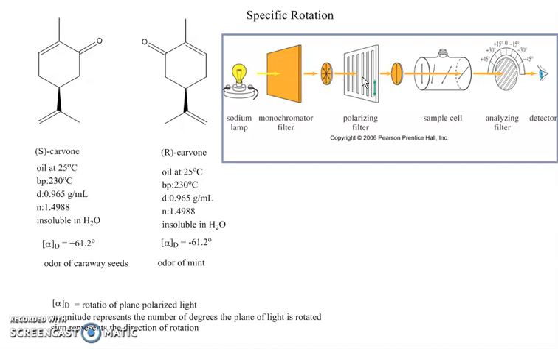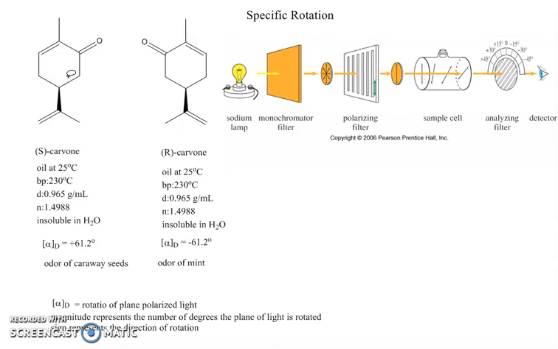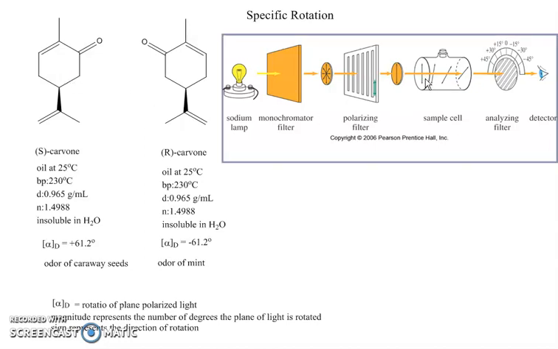We pass it through a polarizing filter, which lets only one of those orientations of light through. In this case, our polarizing filter is only letting through the light that's vibrating in the up and down direction. So now our light is polarized. This plane polarized light passes through our sample cell. And when we have an enantiomer like the S carvone, the plane of the light will start rotating.